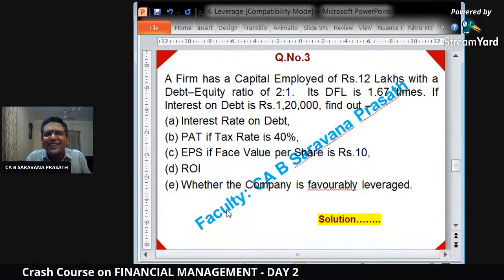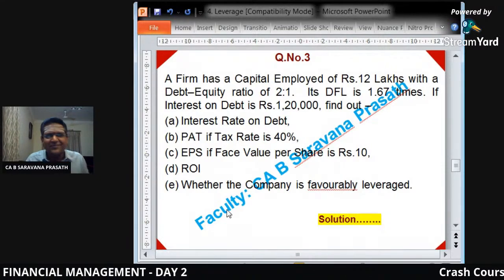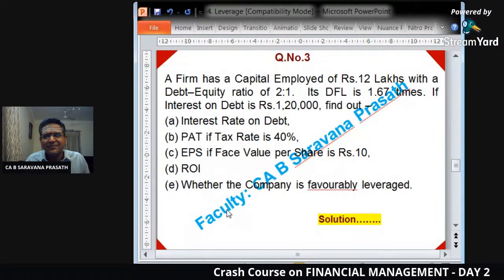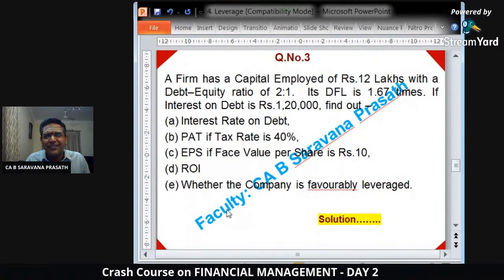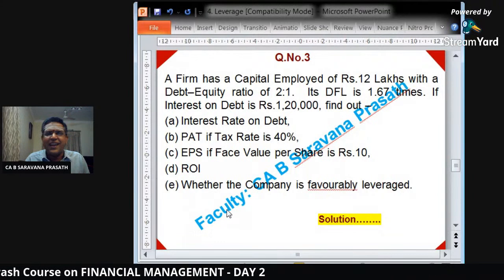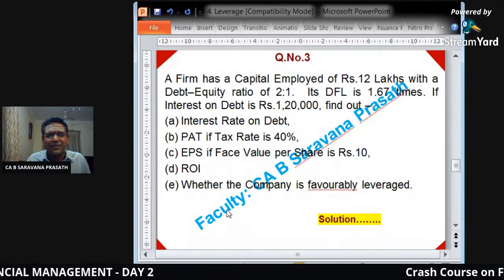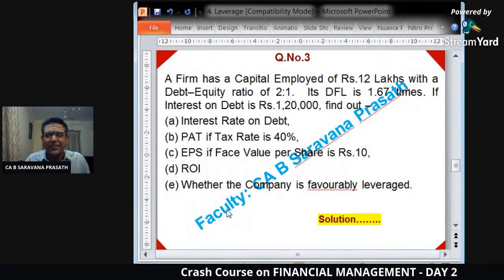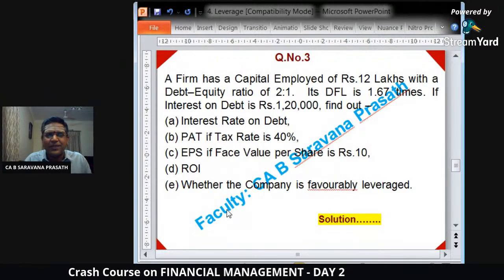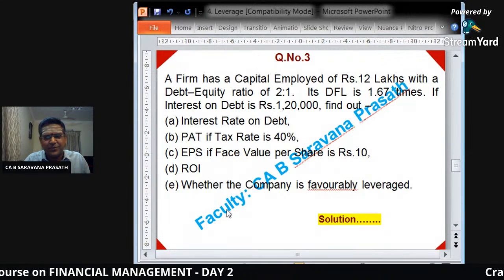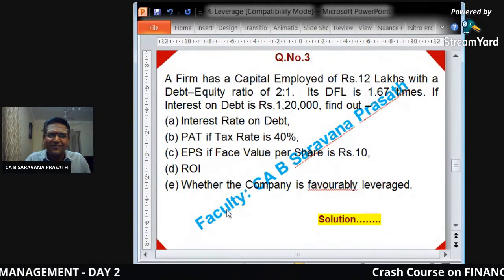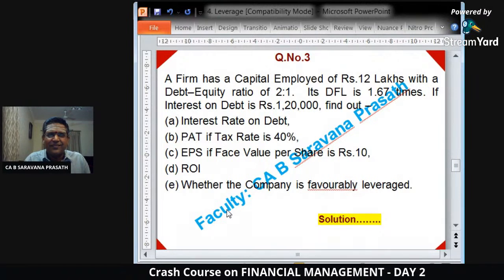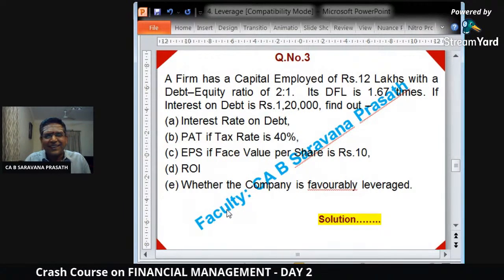So what is the interest rate? We do not need any other calculation to get this number. 1,20,000 divided by 8 lakh. That will be the computation pertaining to interest rate. So what will be the interest rate in this case?